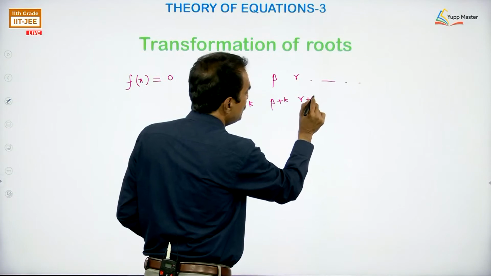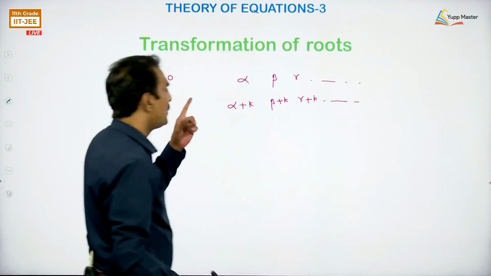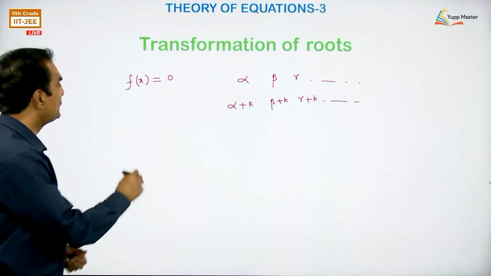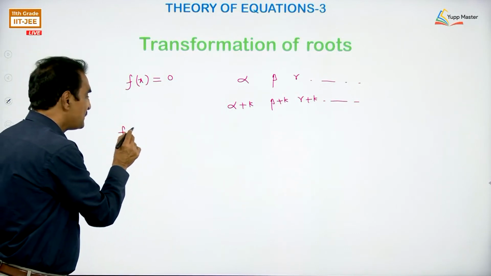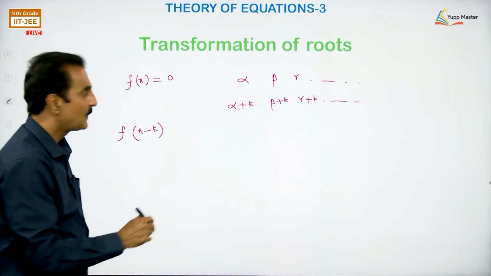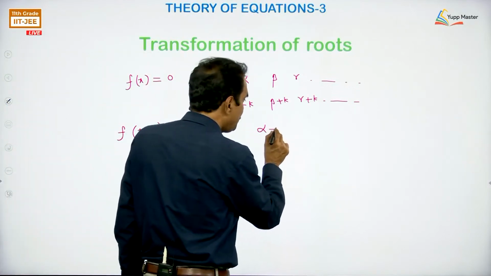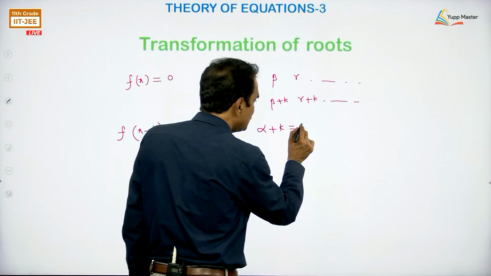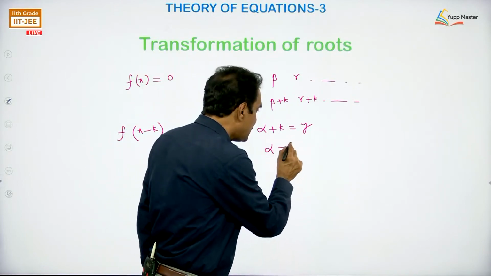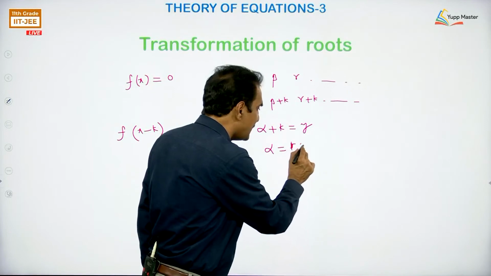What did we discuss in quadratic equation? If a constant k is added to every root, then the transformed equation can be obtained by replacing x by x minus k. How? You take alpha plus k as y, then alpha will be y minus k.